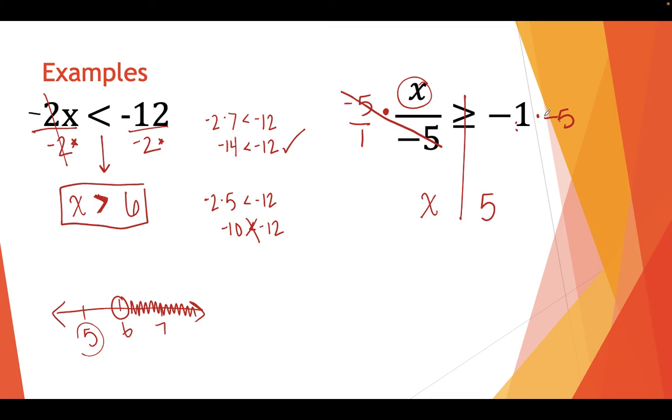However, because I multiplied on both sides by a negative 5, my answer must flip to a less than or equal to symbol. This would show a closed circle above the positive 5, and we would need to draw our arrow shading to the left.